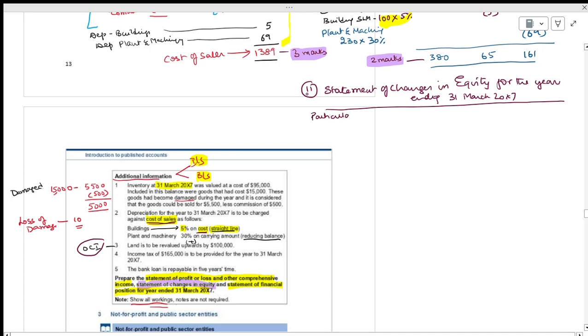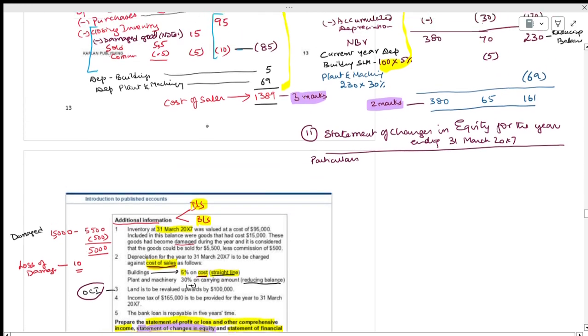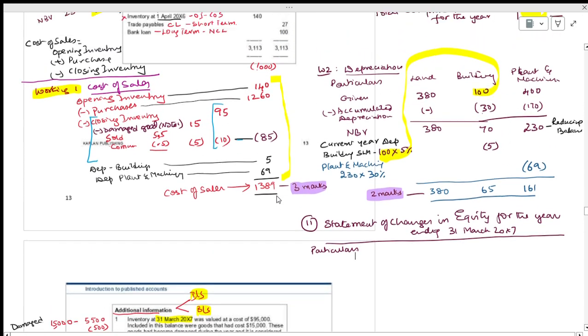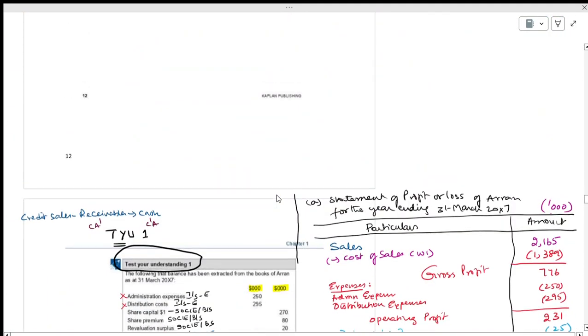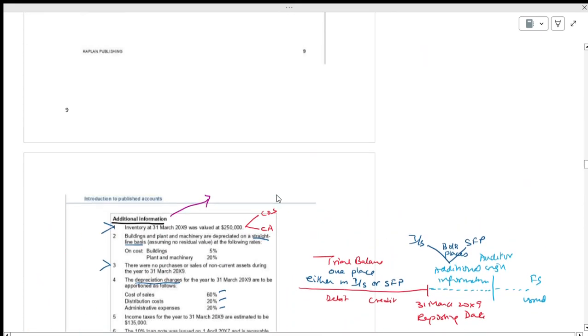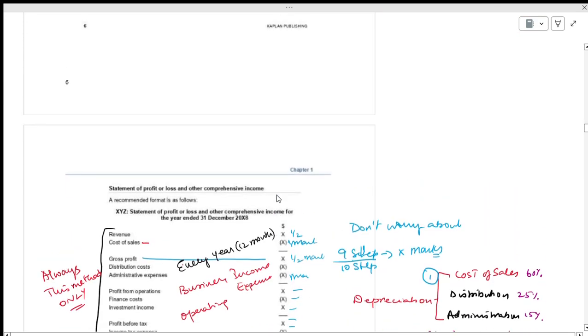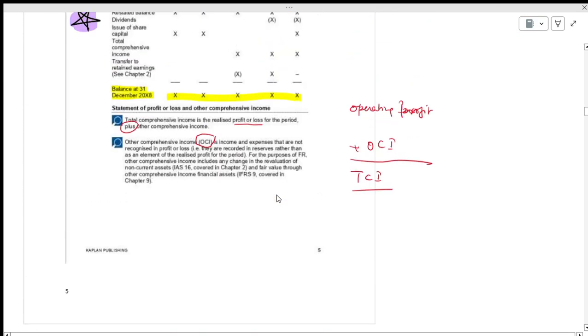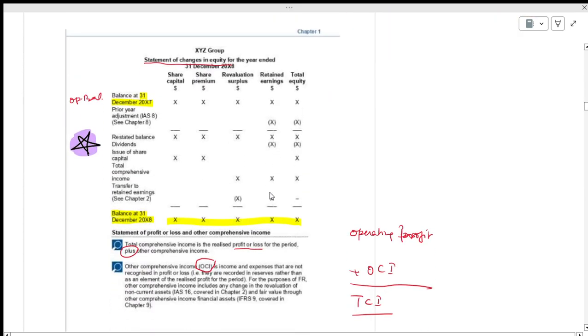First write particulars. Now, first I will explain the format, then I will come back to this. First I will explain what we have done in the format. Where is the format? Format is somewhere here. See the thing. What is the share capital, share premium, revaluation surplus, retained earnings, total equity?